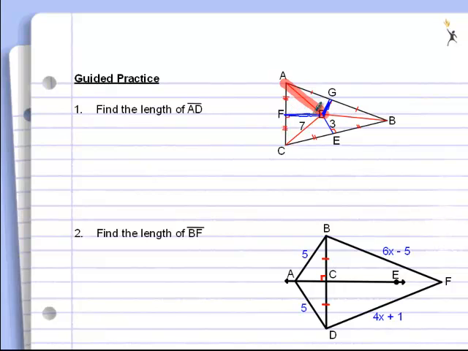They tell me that DF is perpendicular and bisects, and that DE is perpendicular and it bisects. Well, if all three of those perpendicular bisectors meet at D, what does that tell me about AD, CD, and BD? What does it tell me?